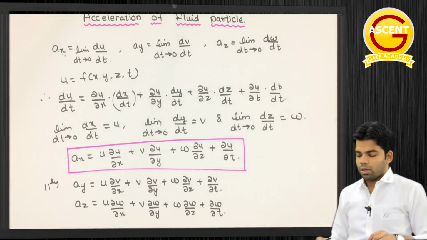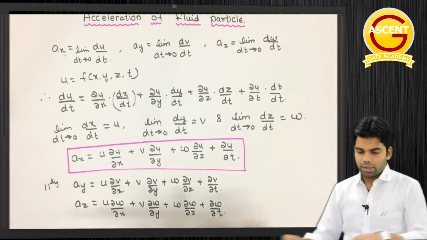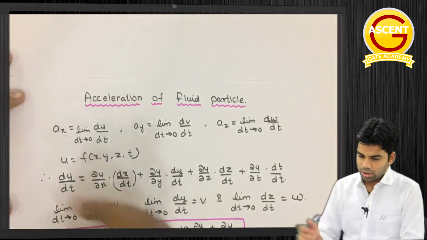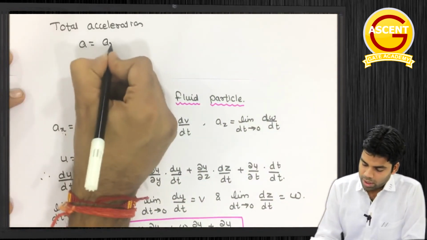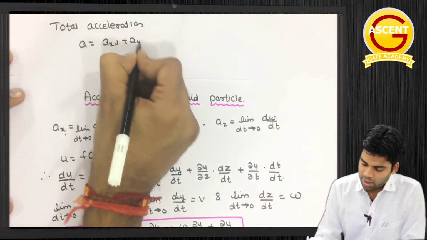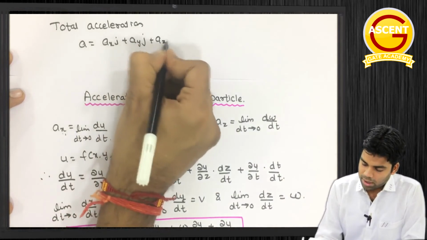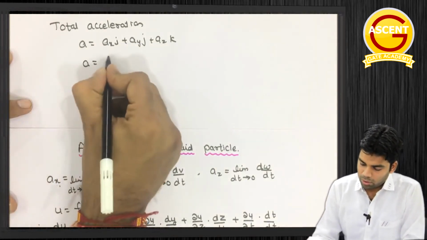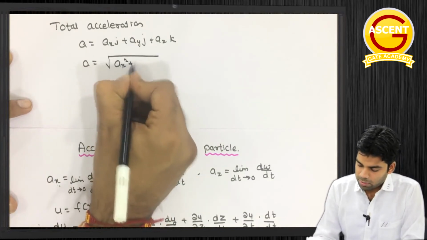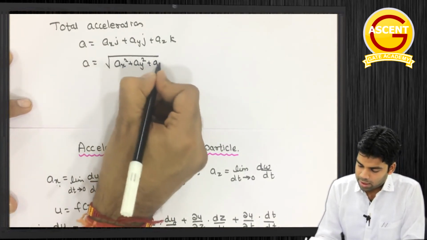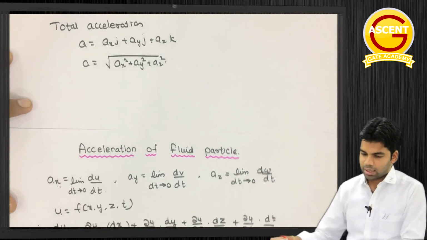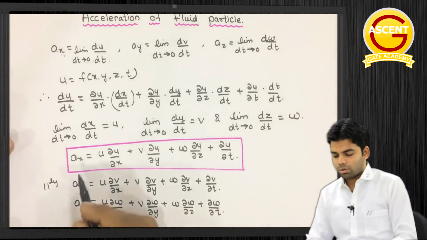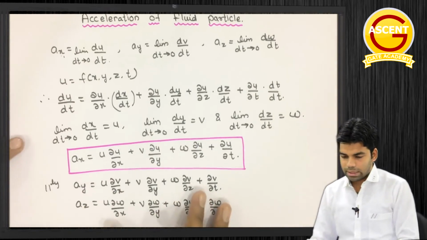Getting this or not? Now if I want to calculate the total acceleration, A is equal to ax i plus ay j plus az k. Magnitude wise, A will be equal to under root of ax square plus ay square plus az square. So we have the values of ax, ay, az here, and we can determine the value of A.